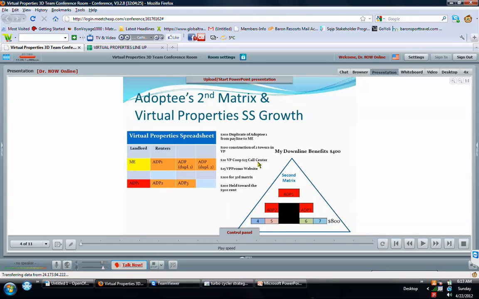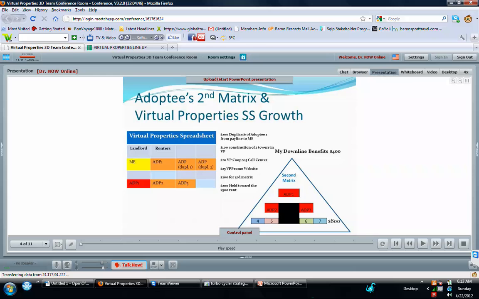So as you can see, this adoptee will pay for that to be able to give us more money to do the call center and so on. At the same time, there's also going to be a $25 VP promo site set up for your adoptee. And then the $200 is for the third matrix.